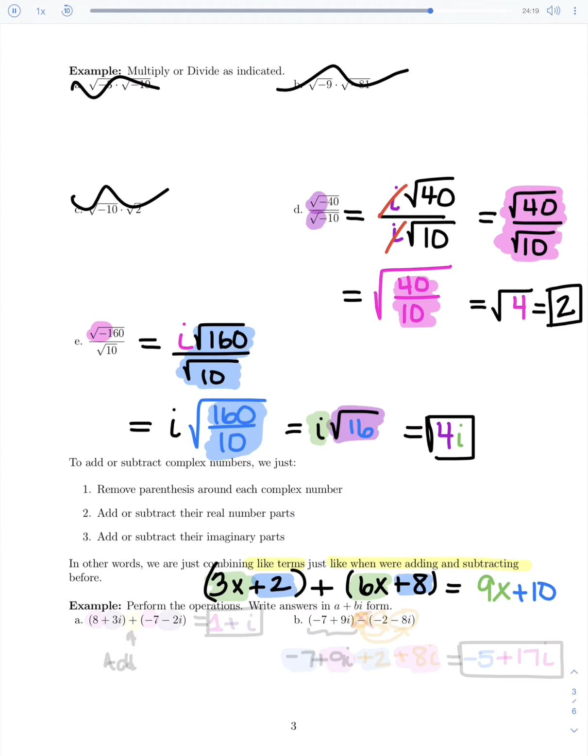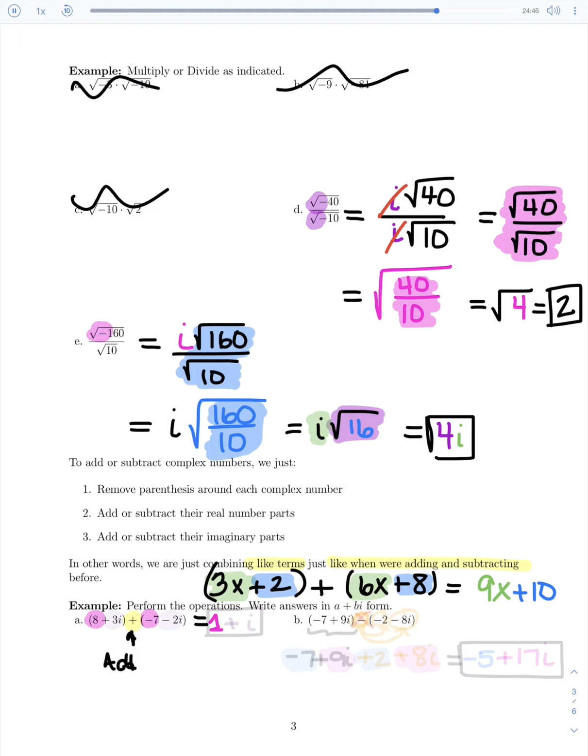Now notice, how do we know we're adding or subtracting? Look at the little sign that's in between your two complex numbers. In this first one, it's a plus, which means we're going to just add normally. So you combine your like terms. Well, you'd first start out by adding your 8 to your negative 7, which is a positive 1.